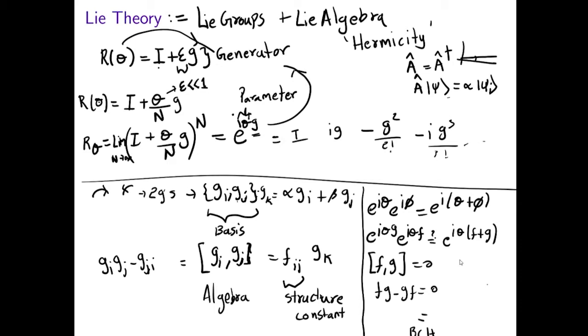You would have e to the power i, the first transformation plus the second, plus the commutator of the two divided by 2, plus and so on and so forth. The whole formula doesn't really matter for our present case at least.